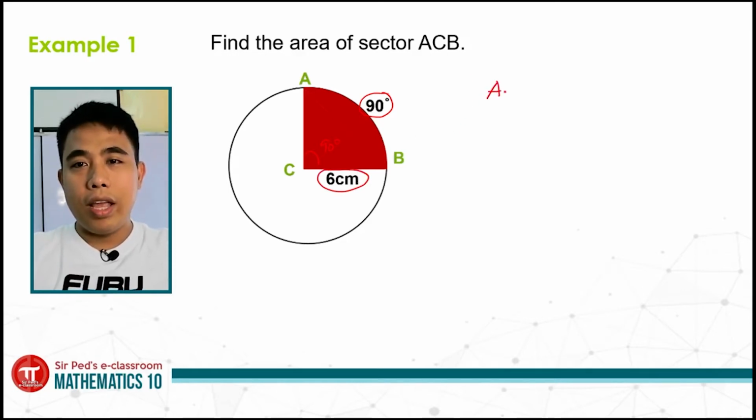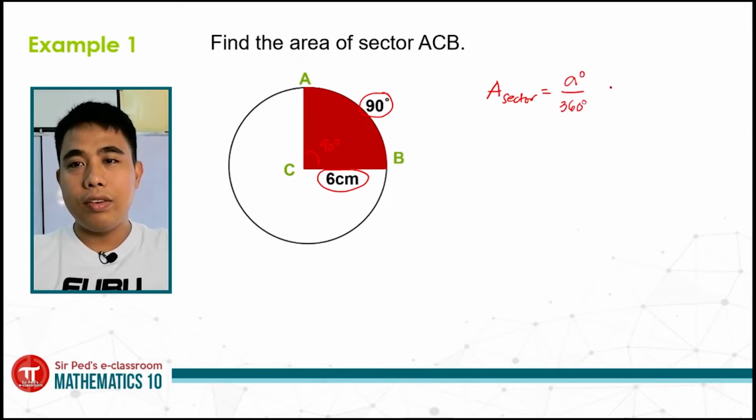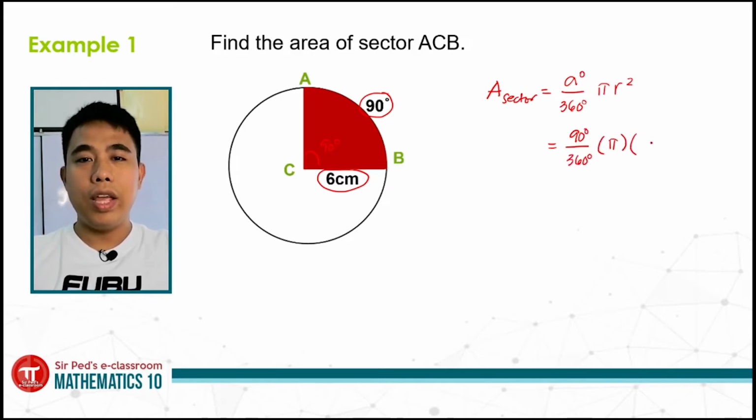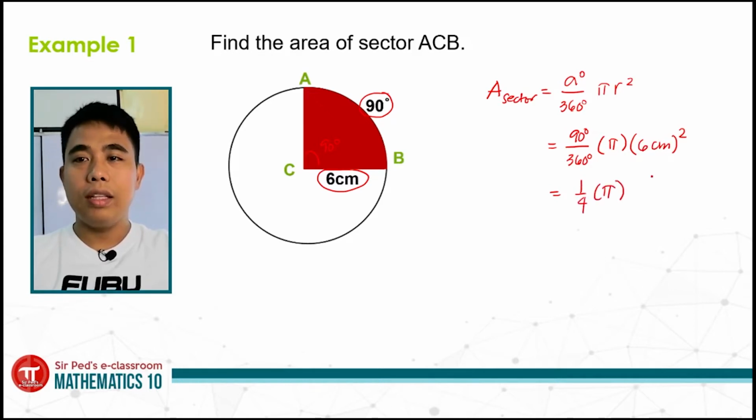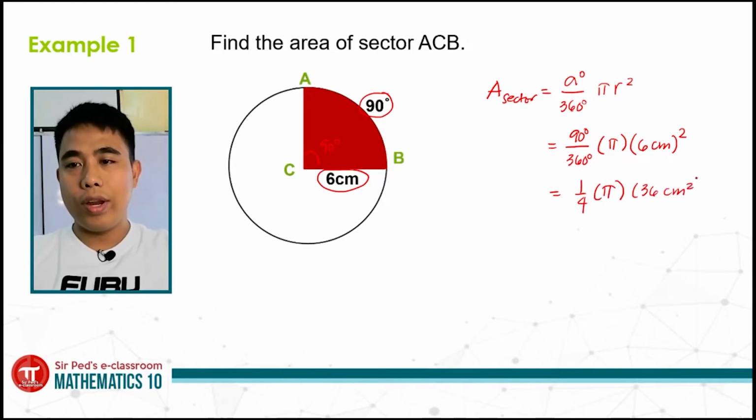Remember that the area of a sector is equal to A degrees over 360 degrees times pi times r squared. So A degrees is 90 degrees over 360 degrees times pi times the radius, which is 6 centimeters, so 6 centimeters squared. 90 over 360 is 1/4, times pi times 6 centimeters squared, which is 36 square centimeters.